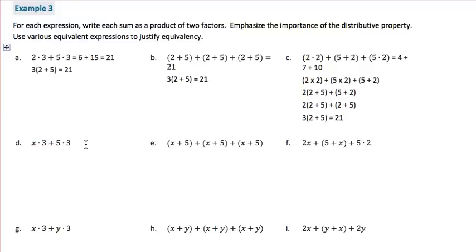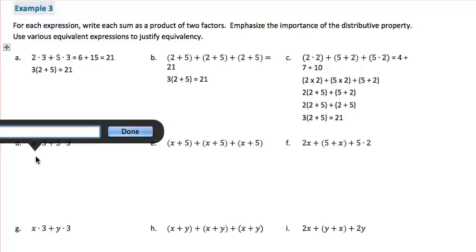Let's look at expression D. We have x times 3 plus 5 times 3. Our common factor is 3, so if we factor that out, we have 3 times (x plus 5).